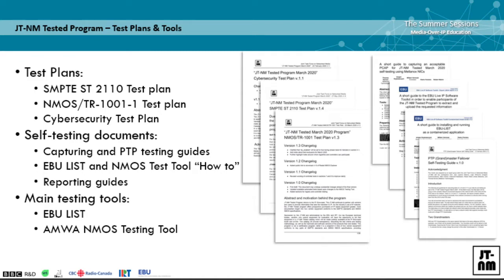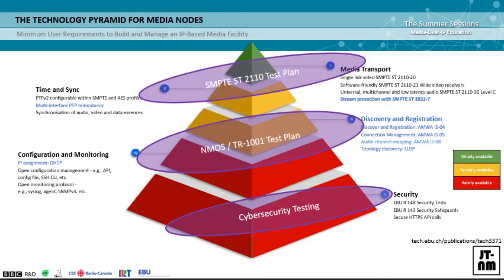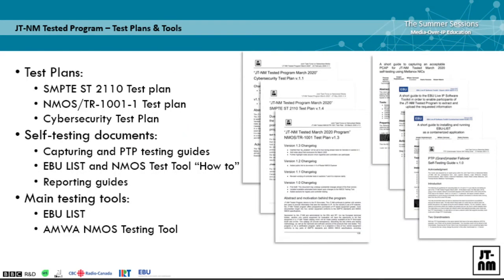We've been using the EBU R148 recommendation for the cybersecurity testing. This time we've adapted this recommendation. It's still based on the same R148, but we've covered it with some additional details and guidelines for the self-testing. We'll touch on the self-testing later, but this is now the official document.